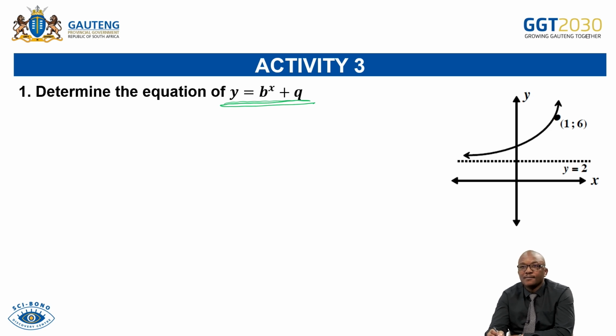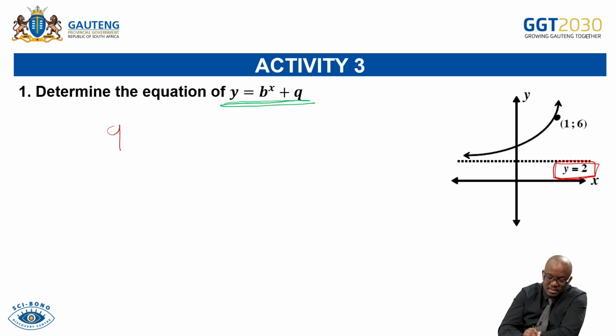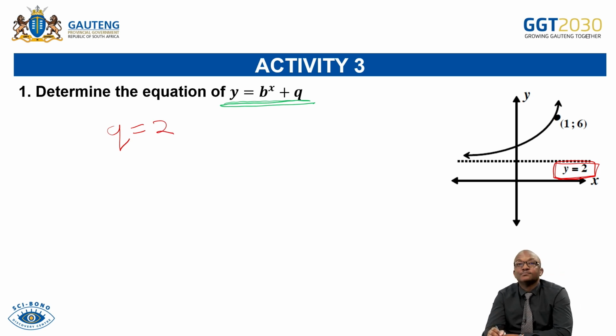Then looking at our graph there are two things that are key and that you need to look for always when you determine the equation of exponential. The first key thing is your asymptote. The equation of an asymptote, which is 2, therefore in this case it tells you that your q is equal to 2.